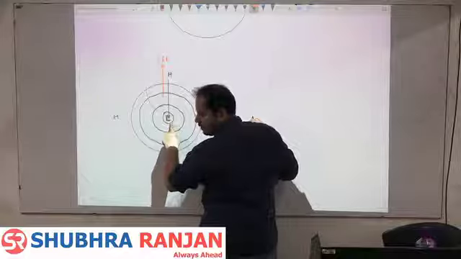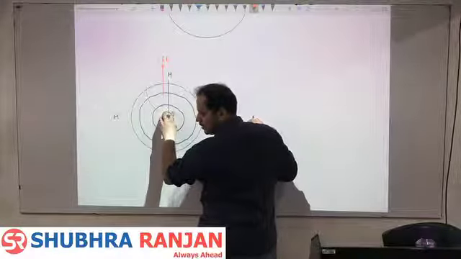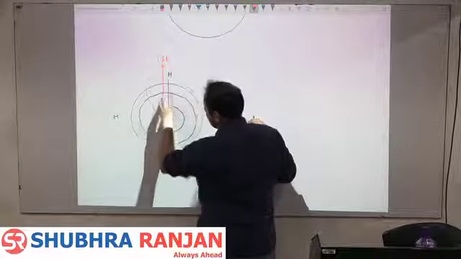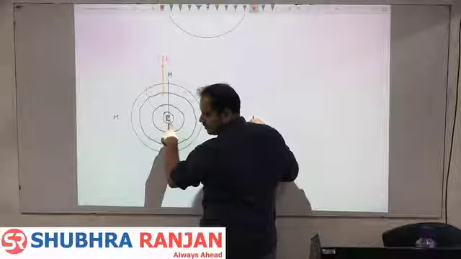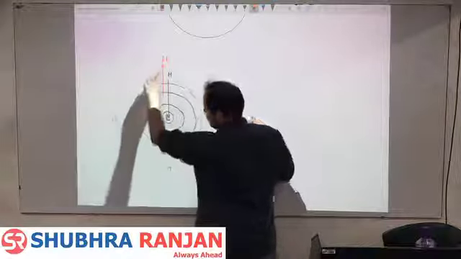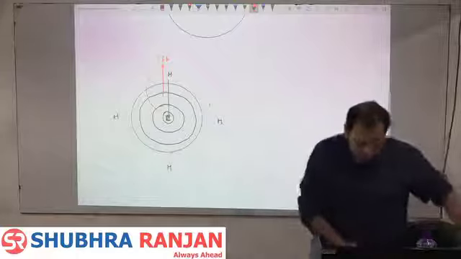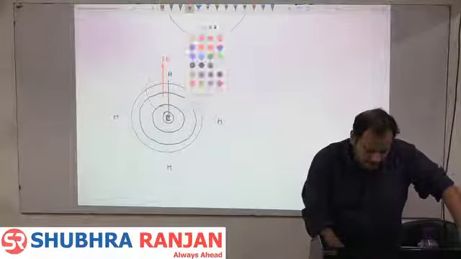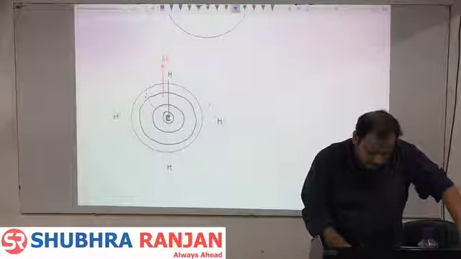Centrifugal force is always equal and opposite to the centripetal force. Is the pressure gradient force behaving like a centripetal force? These two forces will start balancing each other.